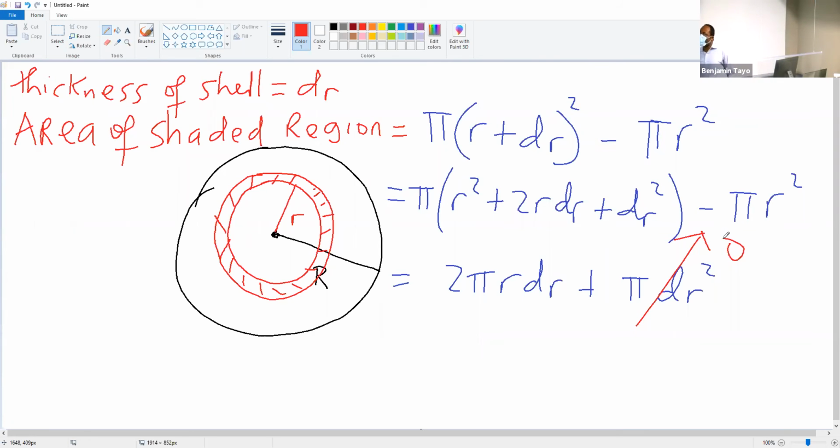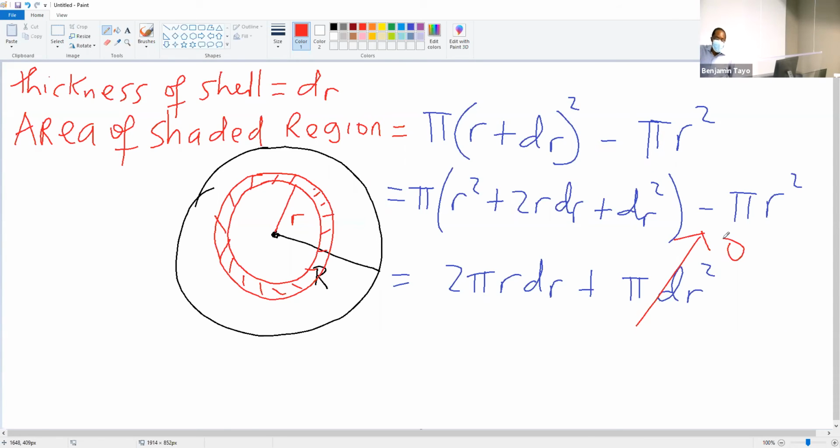What is the reason for setting that equal to 0? Because dr itself is very small.